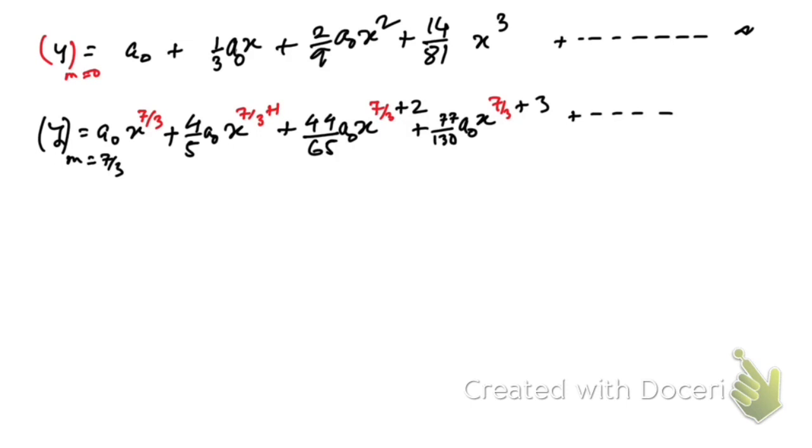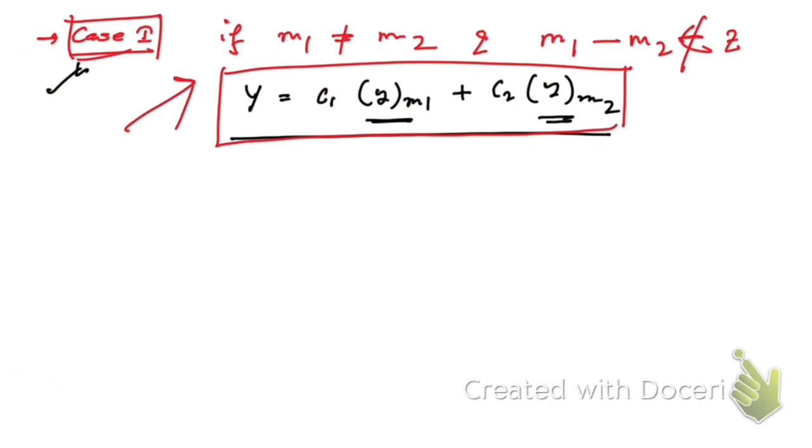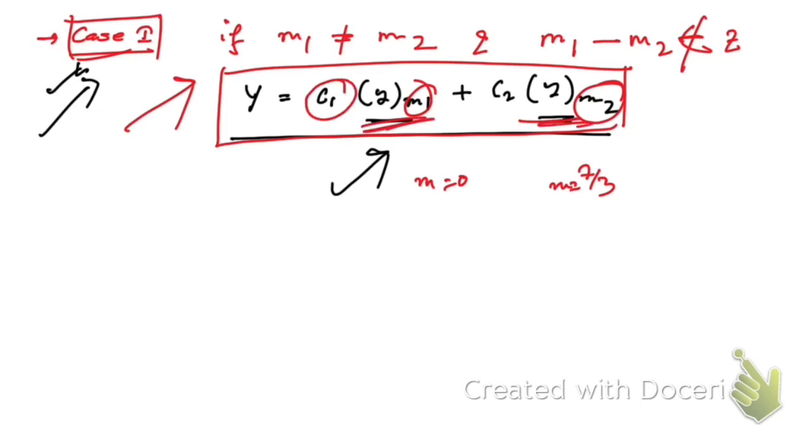Let me go back to this slide. In this case 1, the solution should be of this form, right? Here m1 we have got is equal to 0, and m2 we have got 7 by 3, and we have to use these values here, and c1 and c2.